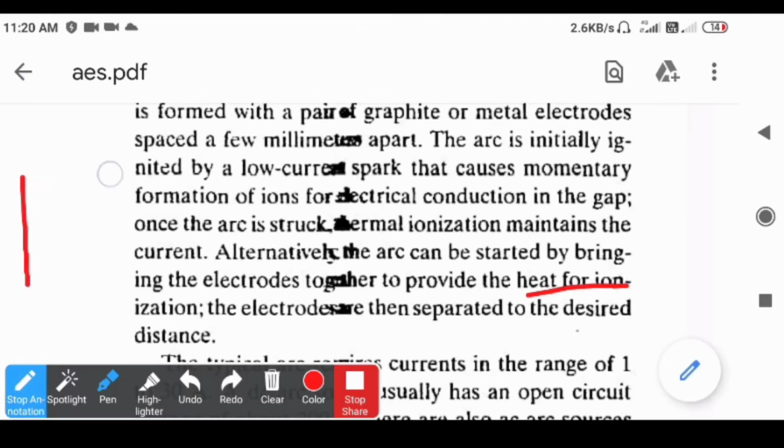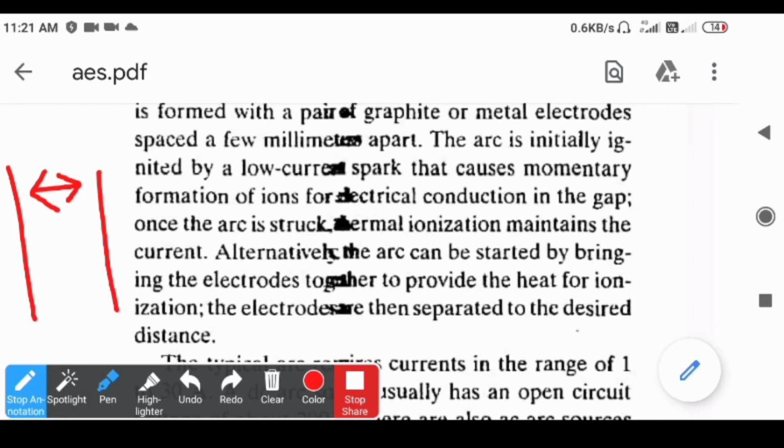Suppose these two electrodes are there, but there is no conducting wire as such for the conduction of current. If you want to conduct current between these two electrodes, we can simply place the electrodes close to each other and the current flows between them by using atmospheric gases or moisture.